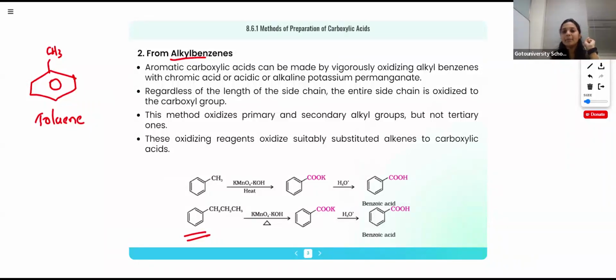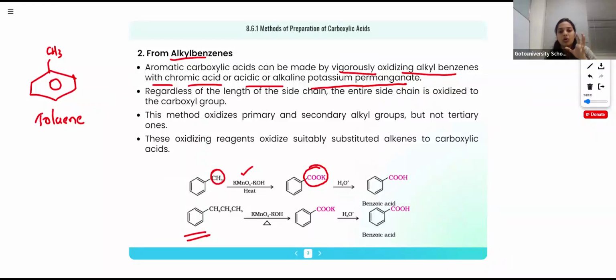They can be made by vigorously oxidizing alkyl benzenes with chromic acid or acidic or alkaline potassium permanganate. See, this is methyl benzene or toluene, reacting with potassium permanganate in basic condition. First you will get what? The CH3 group will first convert into COOK. What is K? This is not cook.